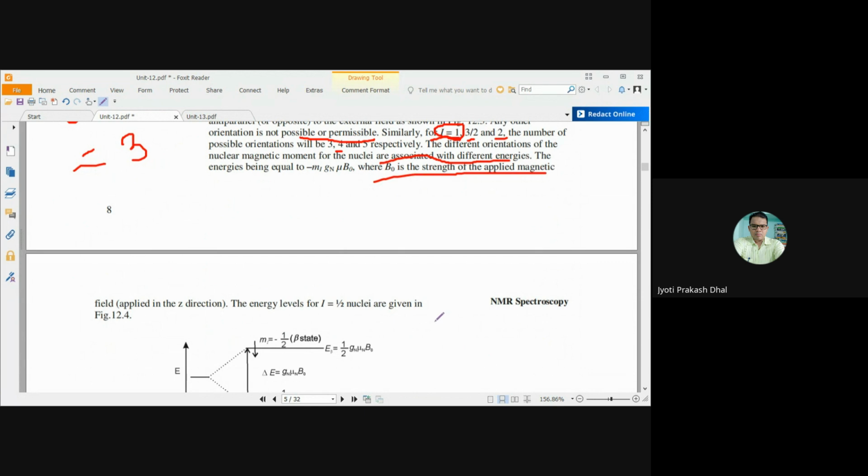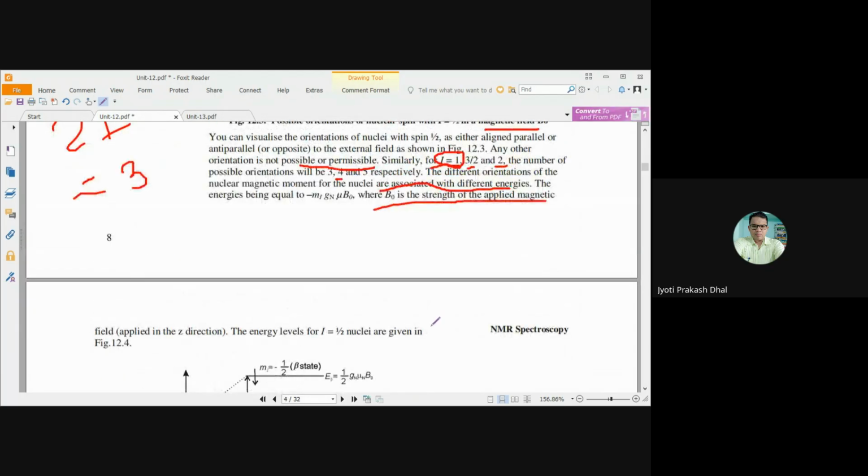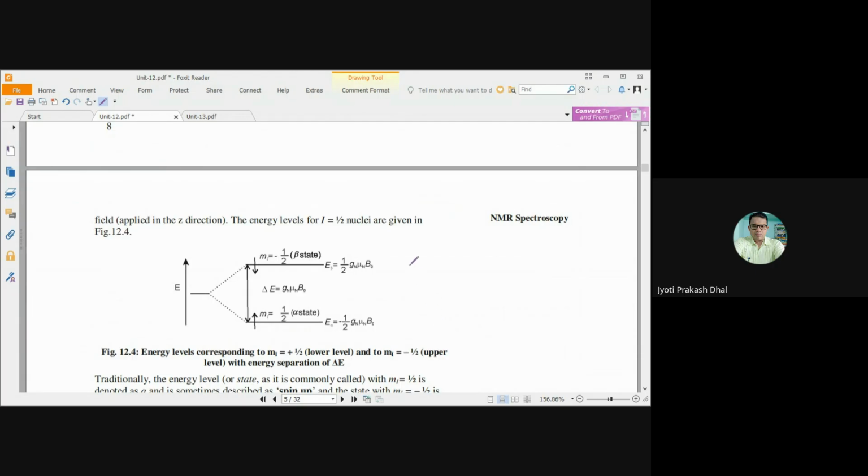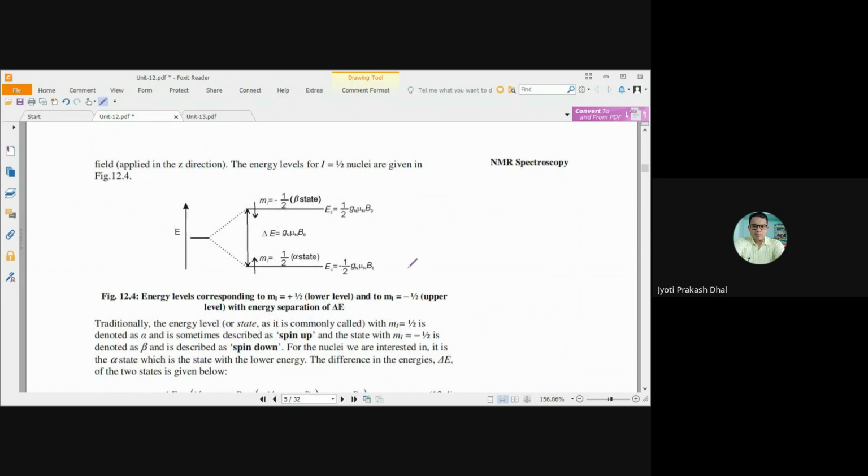If I equals half, the two orientations, that means the anti-parallel and parallel orientations, are associated with two different forms of energy. If it is oriented in parallel to the applied external magnetic field, then its energy will be E equals half g_n mu_n B0.